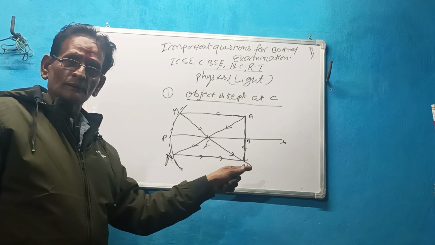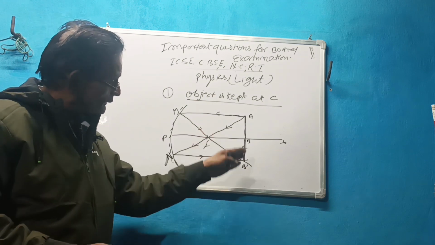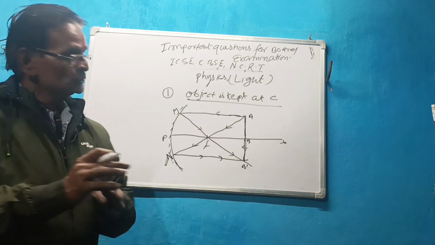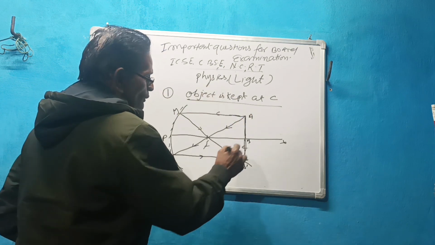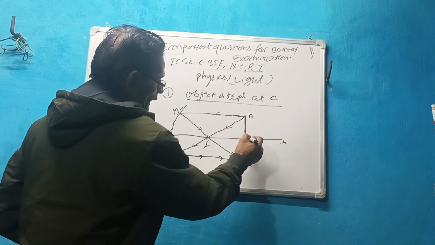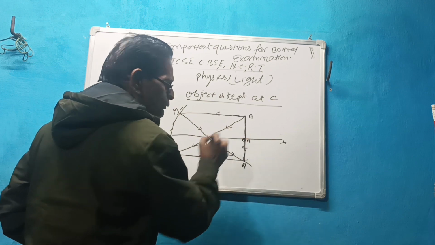Really cutting means this is a real image. If they cut really, then this type of image, a real image, will be formed. So it is a real image, AB and A dash B dash, on the same point.